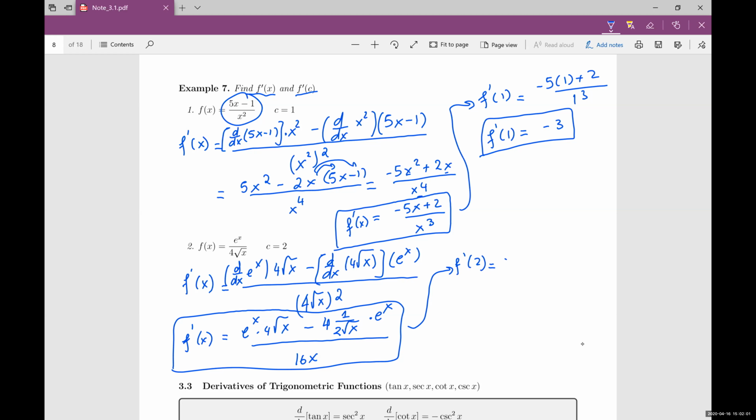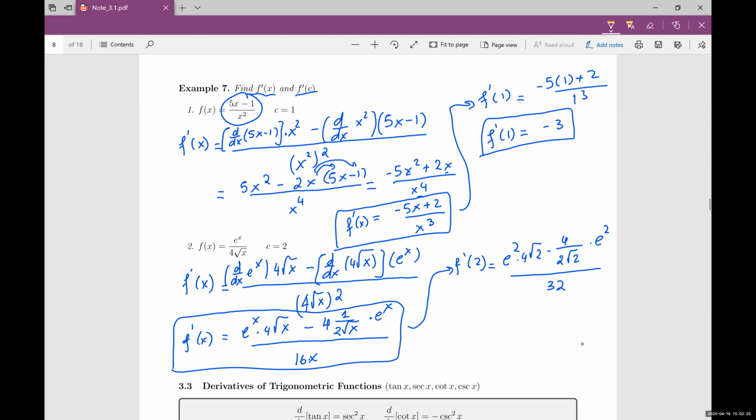So e to the 2 times 4 square root of 2 minus 4, divided by 2 square root of 2 times e to the 2, and then everything divided by 16 times 2, which should be 32. Okay, and you don't have to simplify it.